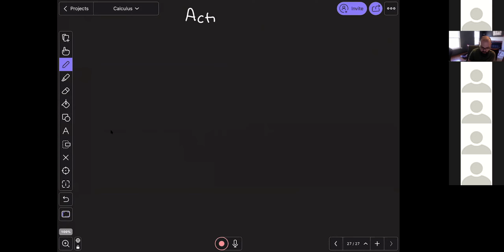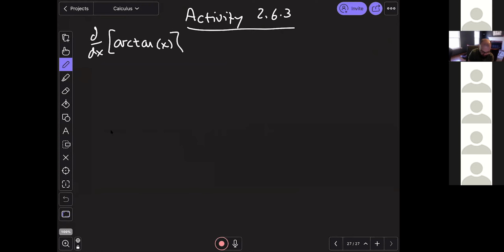It's a guided activity where we are all together going to derive the derivative of arctangent. When I look at this, our goal is to develop this rule: what is the derivative of arctangent?